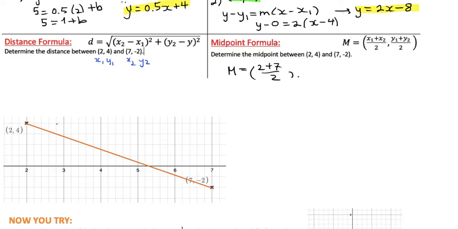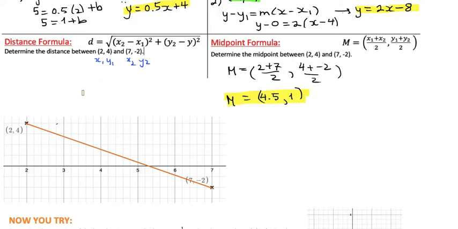And then separately, we will average out the y's. And 2 plus 7 is 9 divided by 2, 4.5. And 4 plus minus 2 is 2 divided by 2 is 1. Okay, so this is the coordinate that lies in the middle of these 2 points.